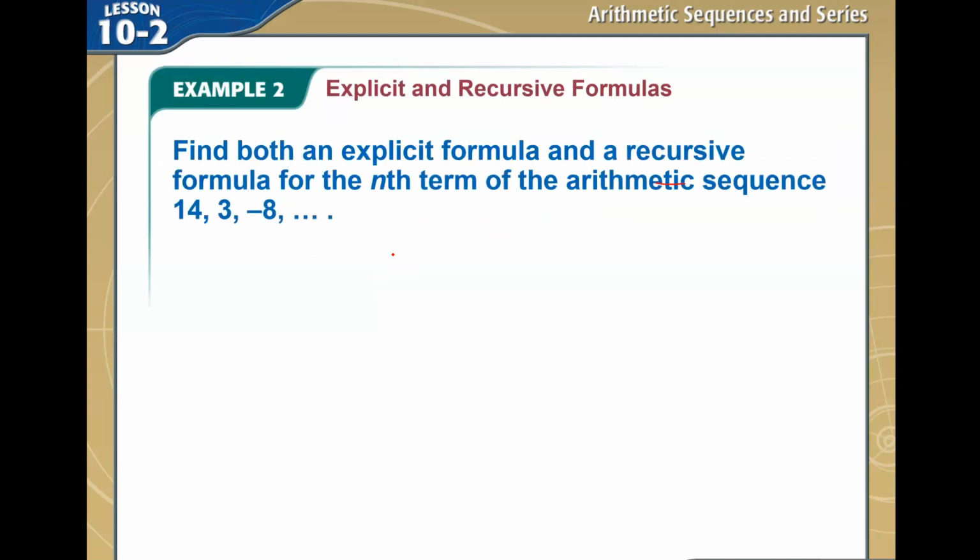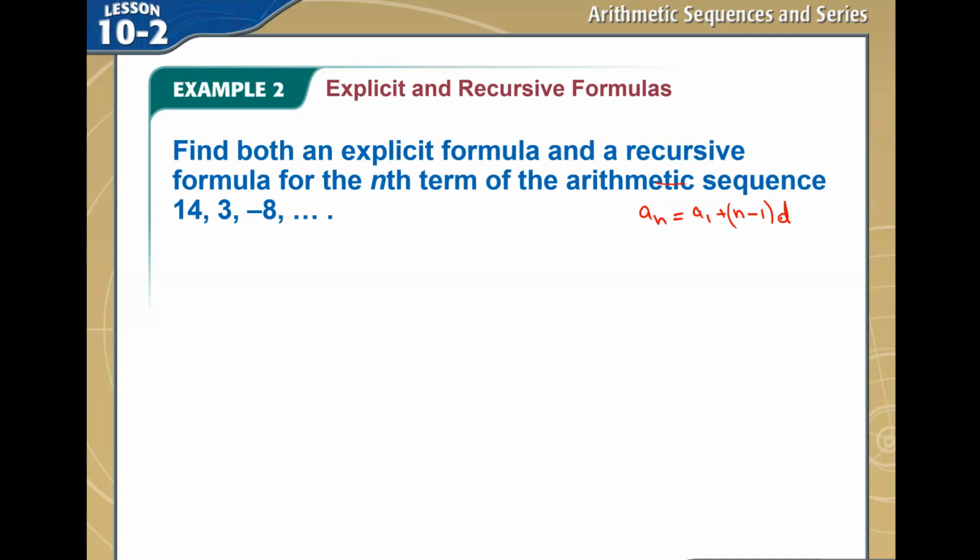Now the next thing is how to figure out the explicit and recursive formula. Before I start, the first thing you really need to remember is the nth term, which I'm going to write down here: A(n) equals A1 plus (n minus 1) D. Clear?